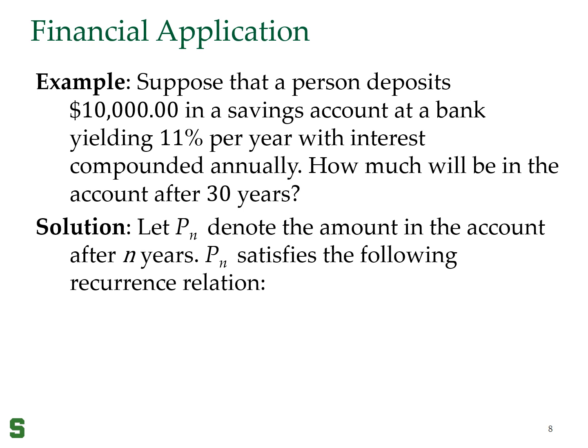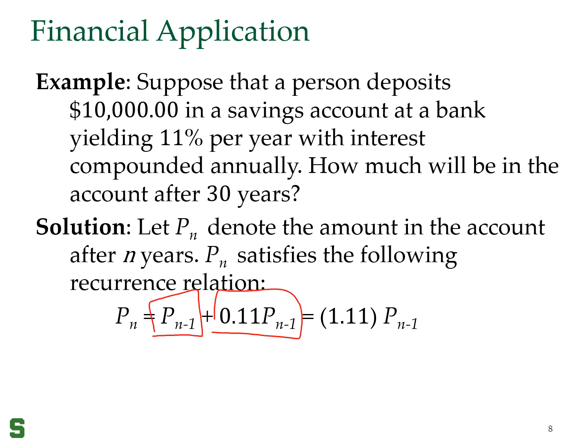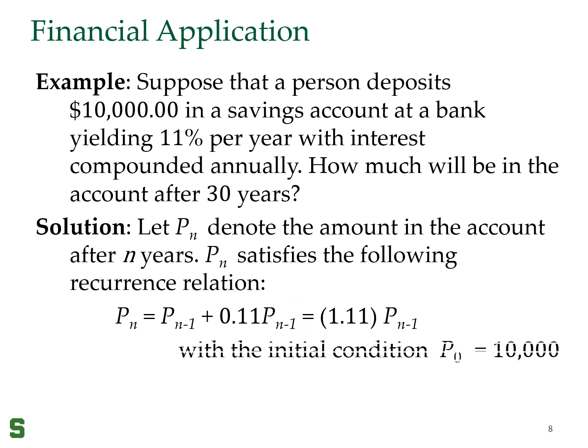We can write a recurrence relation relating P_n and P_(n-1): P_n is whatever was there in the year before plus 11% of whatever was there before. So that's 1.11 times P_(n-1). The initial condition would be P_0 equal to 10,000 because that's what we started with.